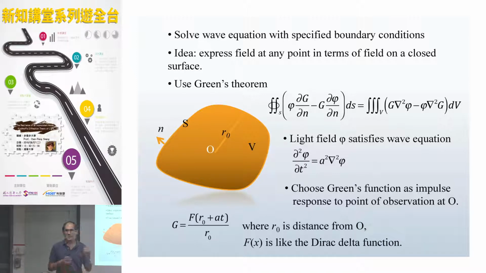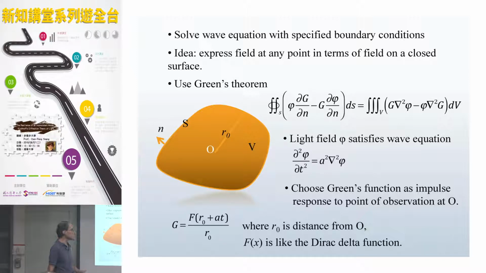In this paper, Kirchhoff tried to give a solution to the wave equation, but with smart manipulations of the boundary condition. The key to his approach was to use the so-called Green's theorem in vector analysis. I'll try to minimize the technicality, just highlighting the important steps.